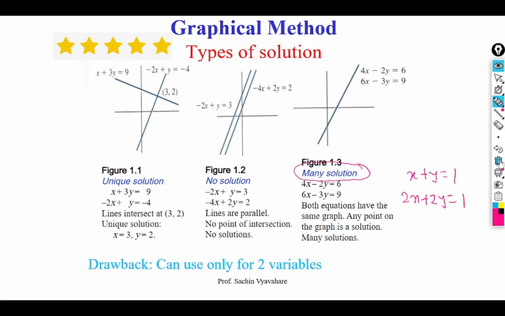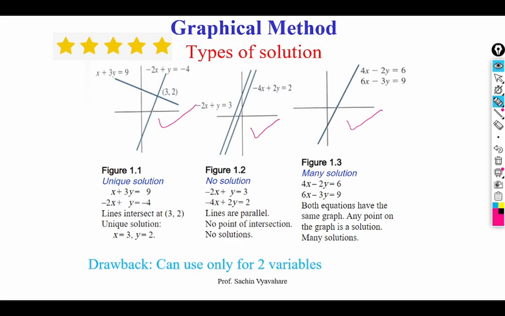So in simple words, the graphical method helps us to understand the types of solution. When the lines intersect in a single point, unique solution; when lines are parallel, no solution; and when lines are coincident, infinitely many solutions.